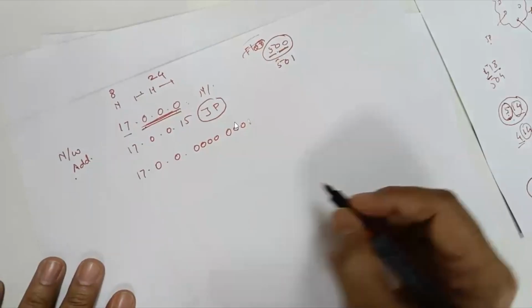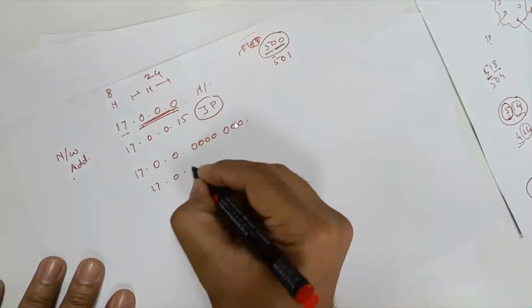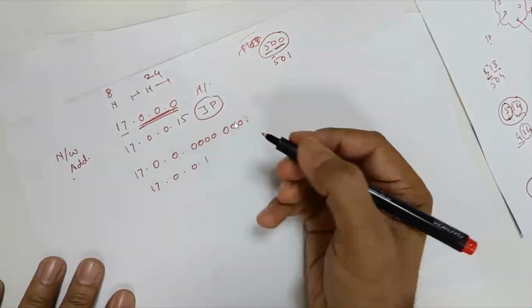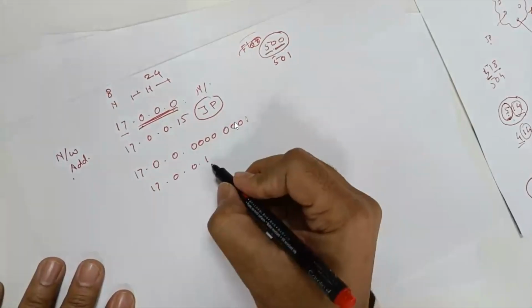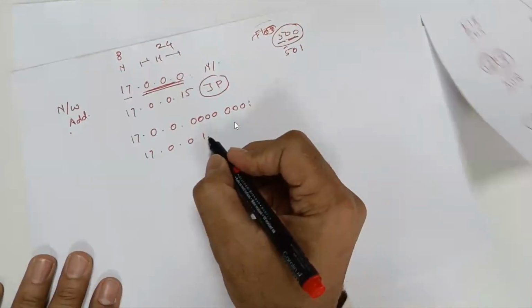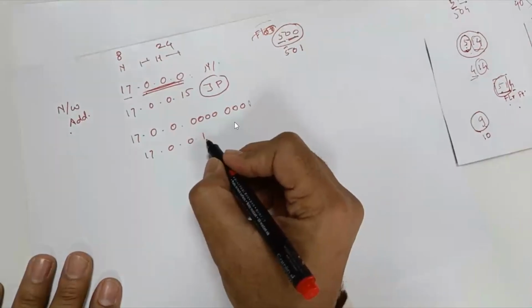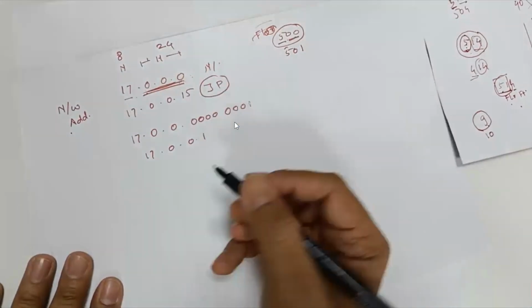This becomes 17.0.0.1. That is the minimum IP address in this network. What is the maximum IP address?